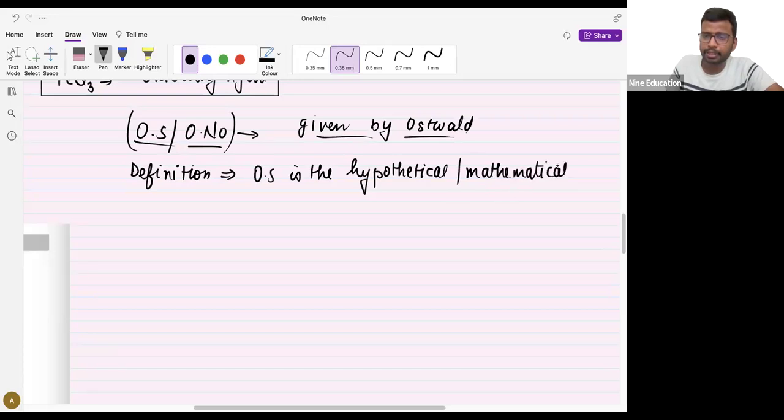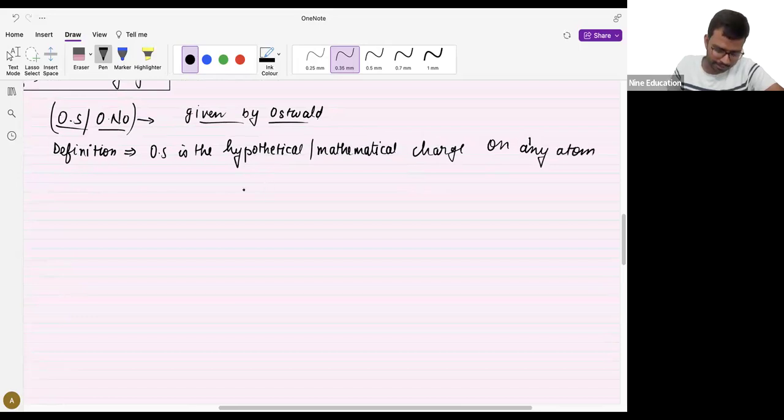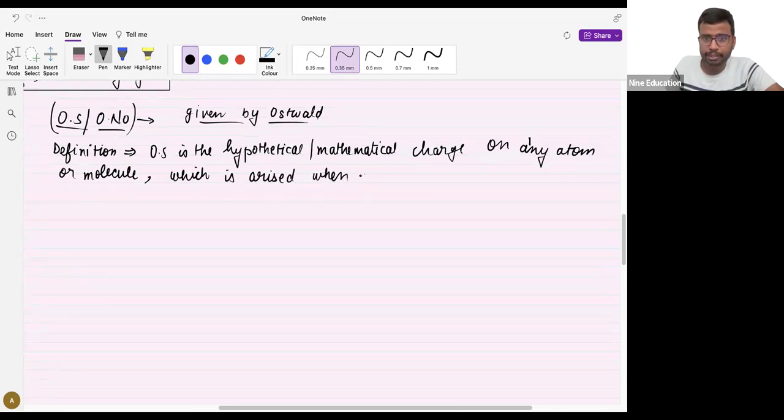It is not the real charge, it is a mathematical charge on any atom or a molecule, which arises when all other atoms are removed as ions.